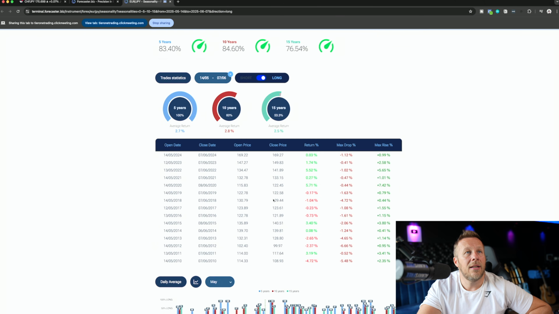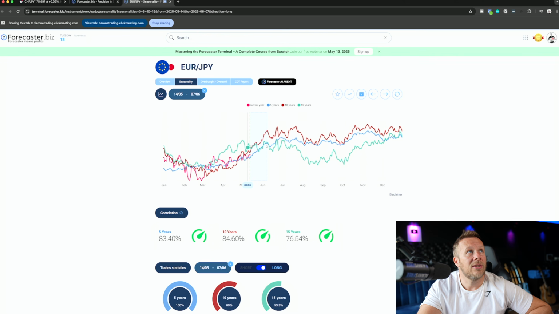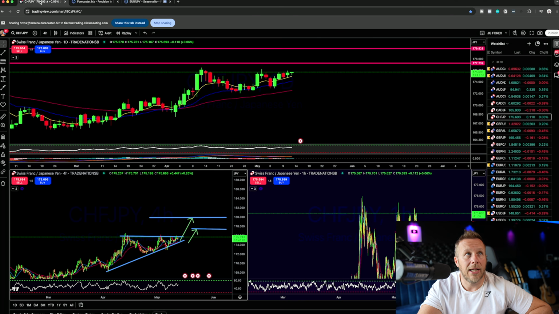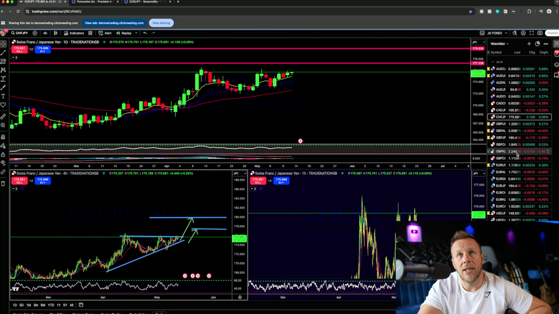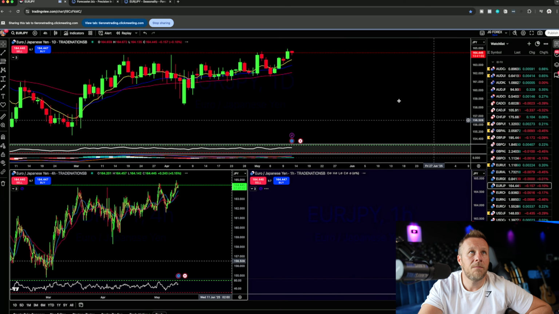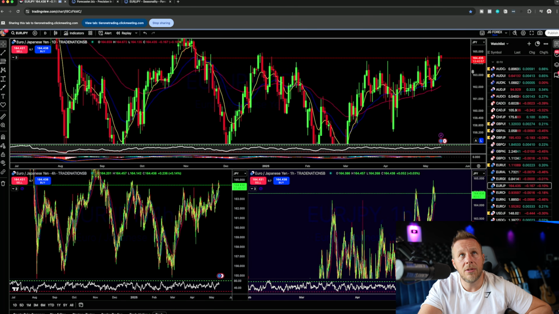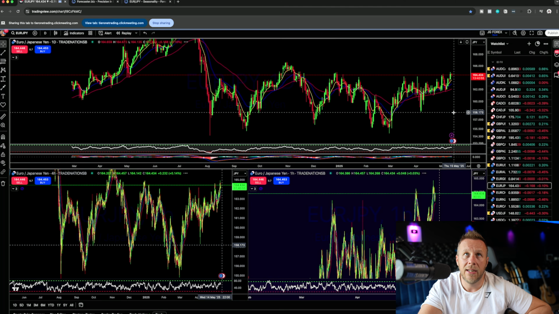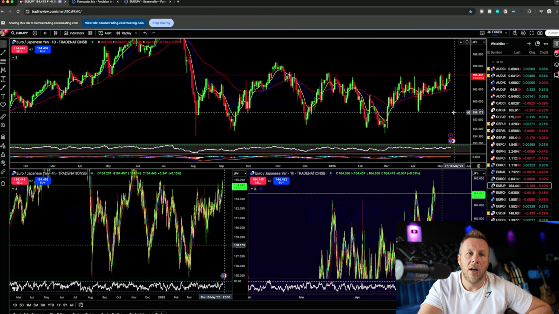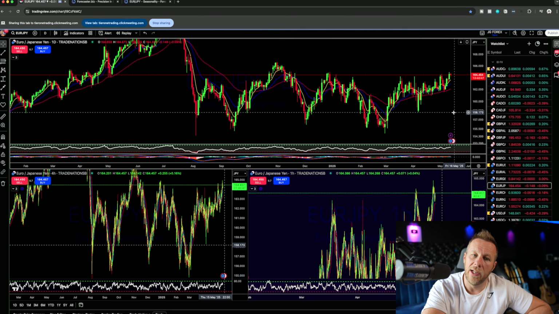And then again, let's go out to the charts, right? So let's take a look at the euro yen. And remember, the key thing to remember here is we're looking for a wildly better reward to risk profile than we would, say, with a 100% strike rate.